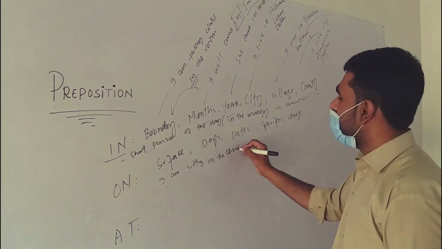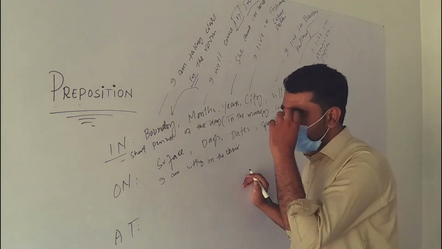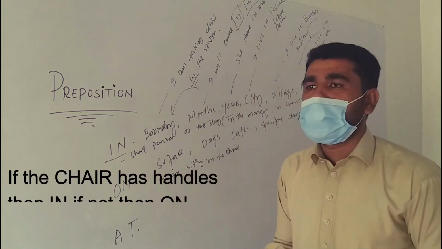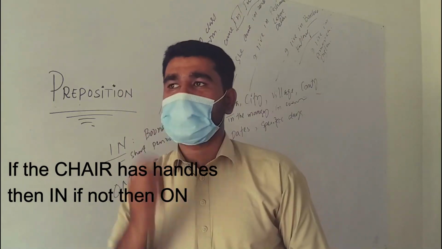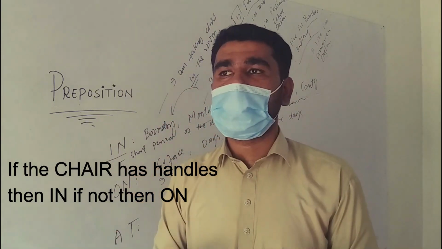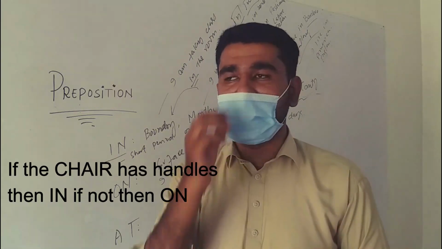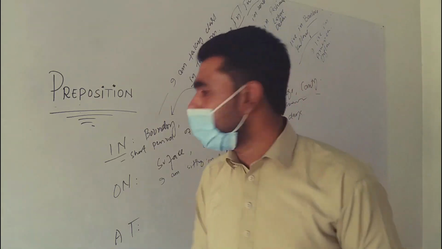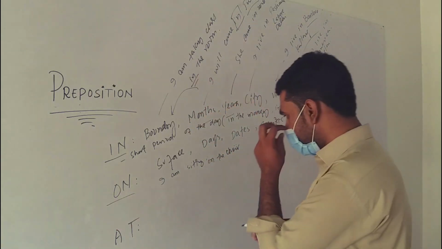Some people say, why can't we use in instead of on here? So keep in mind, we have two kinds of chair. One chair has handles. If you are sitting in a chair which has handles, then we would use in. But for a chair which doesn't have handles, we would use on.